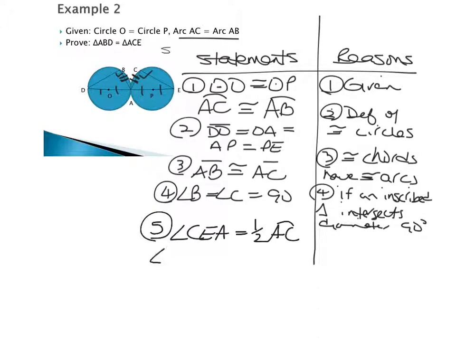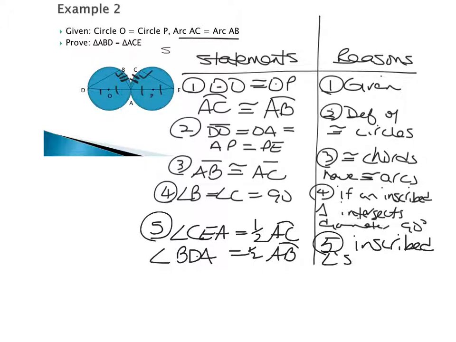I'm also going to say that angle BDA is equal to half the measure of arc AB. So this is going to be the inscribed angles is equal to half the arc measure. Okay, now I could say that angle CEA is congruent to BDA by substitution.